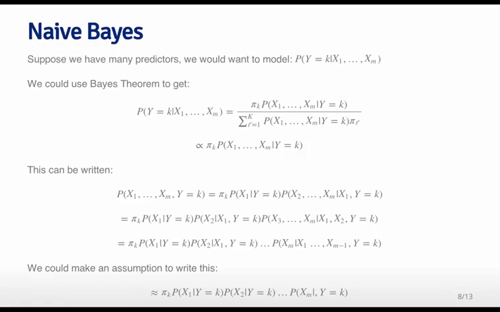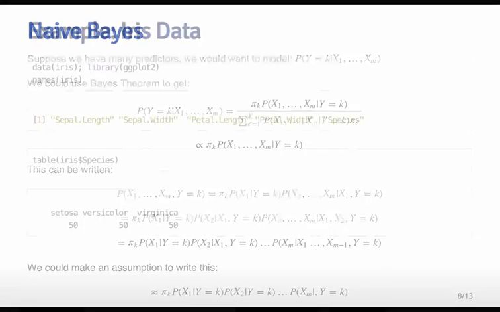It still works reasonably well in a large number of applications, and it's particularly useful when you have a very large number of features that are binary or categorical variables. This very frequently comes up in text classification and other kinds of document classification.